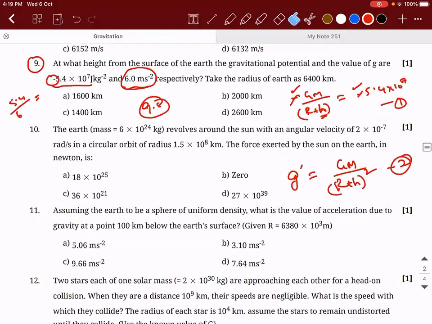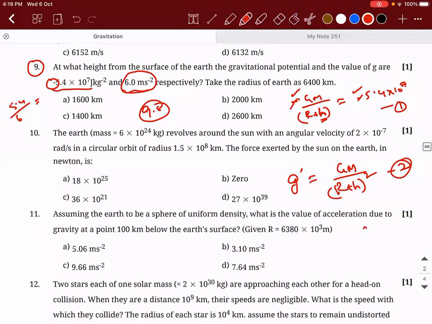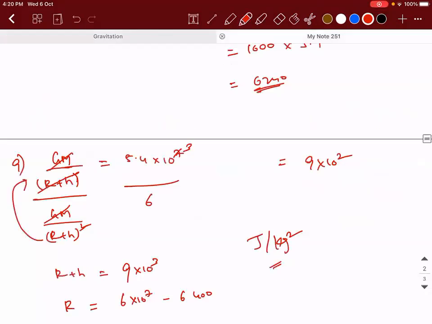It is actually joule per kilogram. Potential energy per mass, kilogram. So for kilogram, we can leave it as it is. Then we need not disturb it.